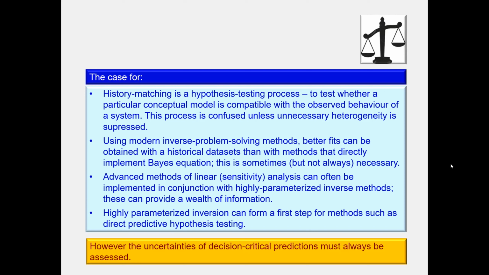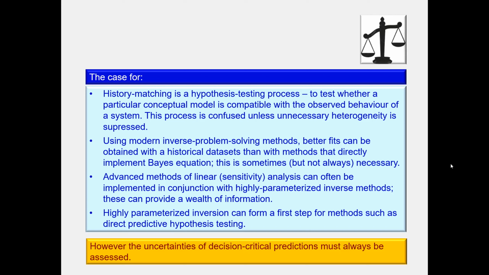Another reason that we may undertake traditional calibration is that we get pretty good fits with the data if our model is a good model and if our concepts that underpin that model are good, and if the data is good, of course. If we're going to use that model to predict the future behaviour of the system in ways that resemble very much the measurements that we have of the historical behaviour of the system, then being able to reproduce the past will lower the uncertainty of predictions of the future.